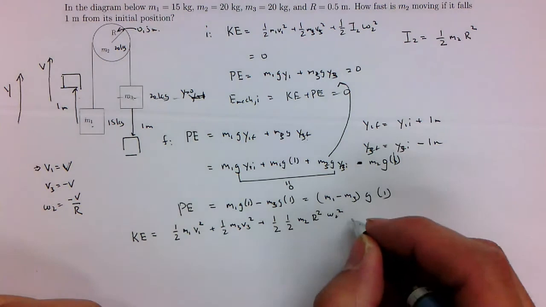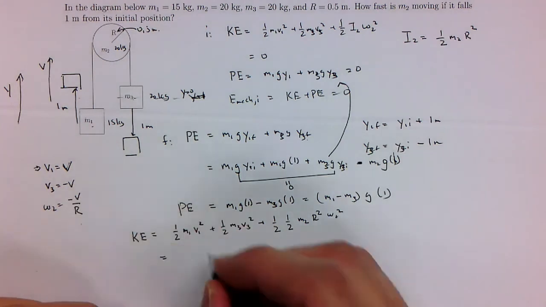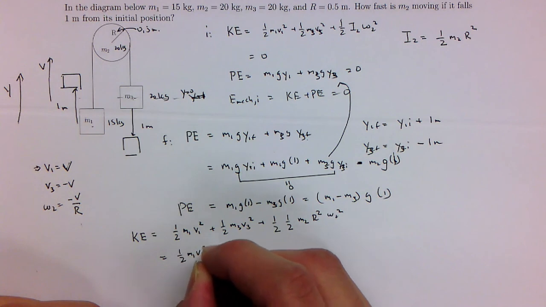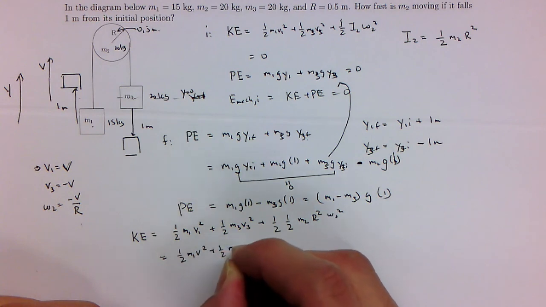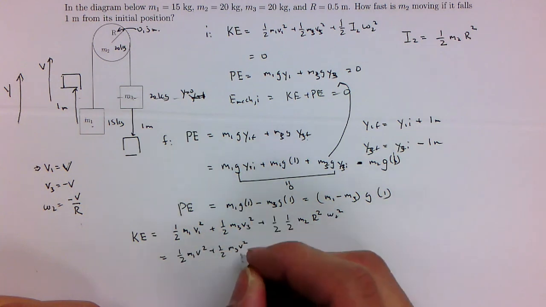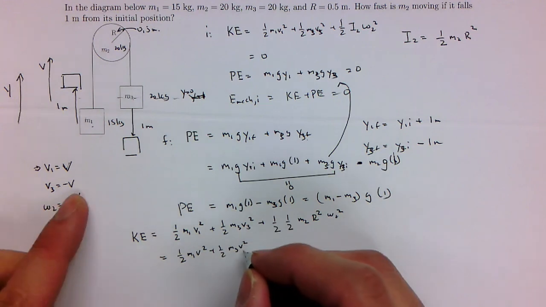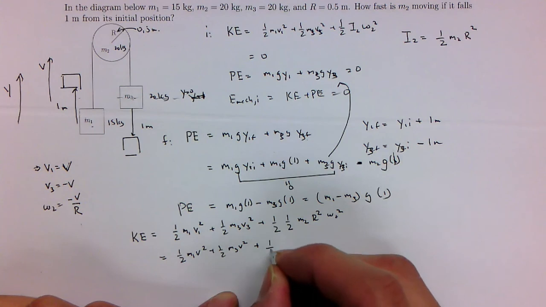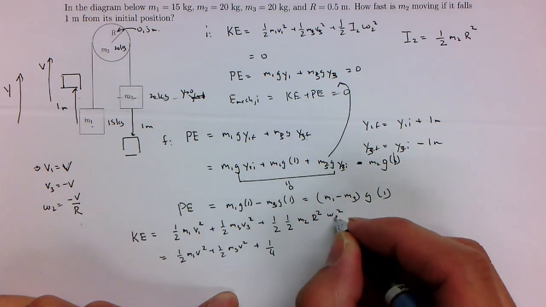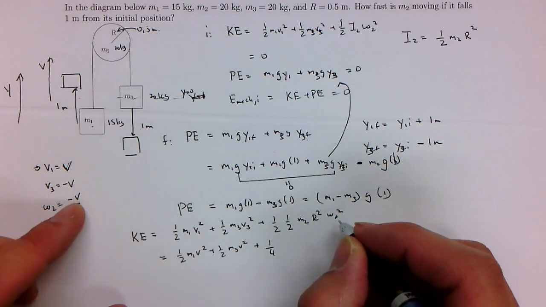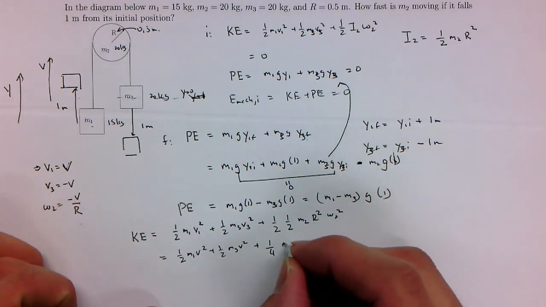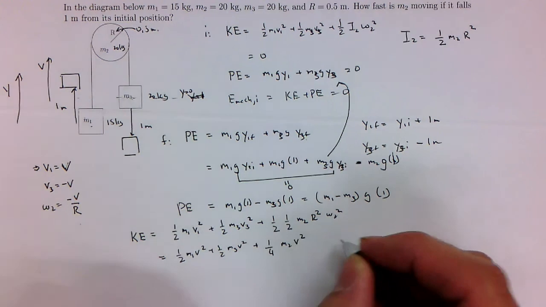So if you plug all these terms in, you're going to get something that looks like 1/2 m1v squared plus 1/2 m3v squared. The minus ones will be killed by the square. Plus, now this is going to be 1/4 r squared times omega 2 squared, which is minus v squared, but minus v squared is just v squared, so 1/4 m2v squared.